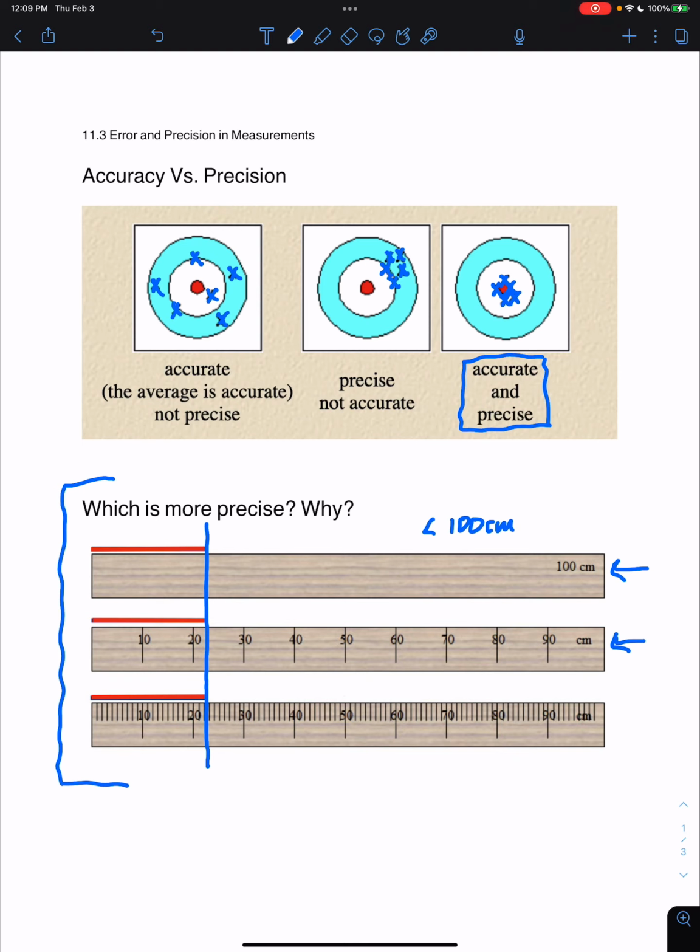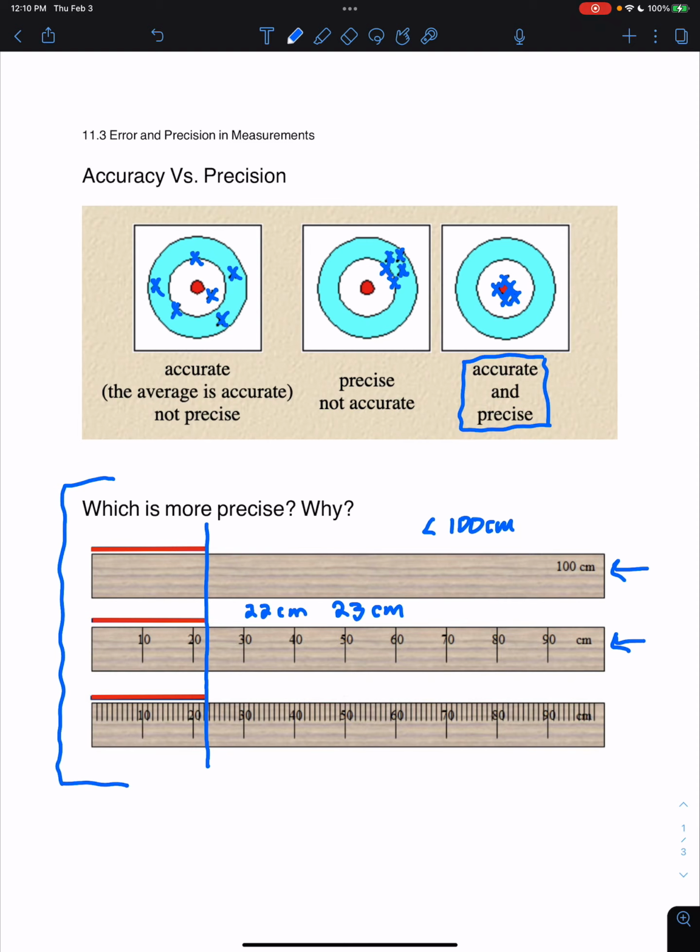Maybe I would say it's like 22 centimeters. Someone else might say it's like 23 centimeters. So we're getting closer. We're getting more precise here because we've actually got division markers in the 10 centimeter range, right?